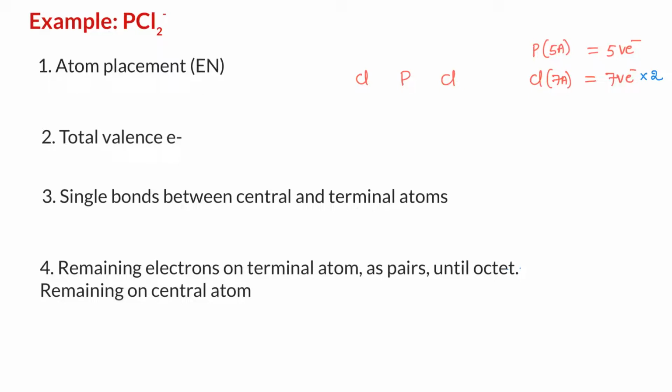On top of these valence electrons, the ion has a negative charge. According to the rules, whenever we have a negative charge, you add an extra electron for each negative charge. So the overall charge on the ion is -1, therefore I am going to add 1 valence electron to the total. So in total, I have 5 plus 14, that is 19, plus 1, 20 valence electrons.